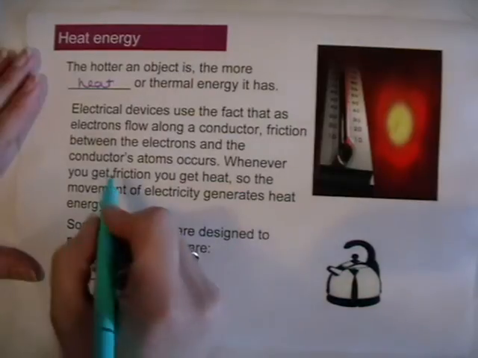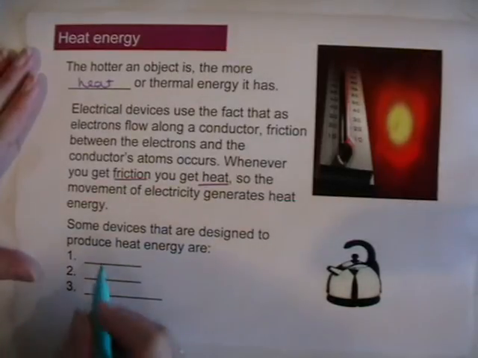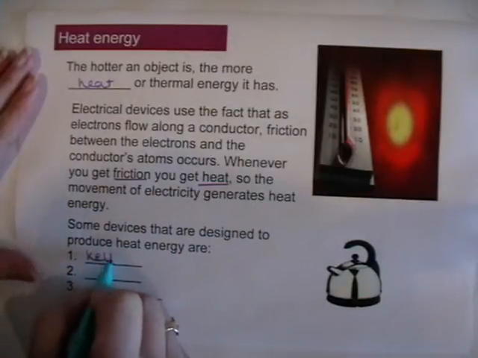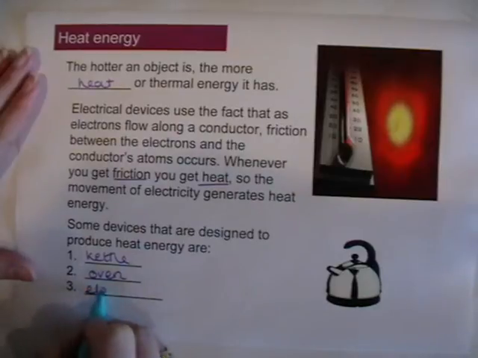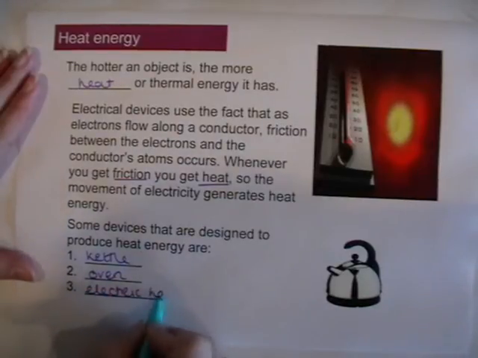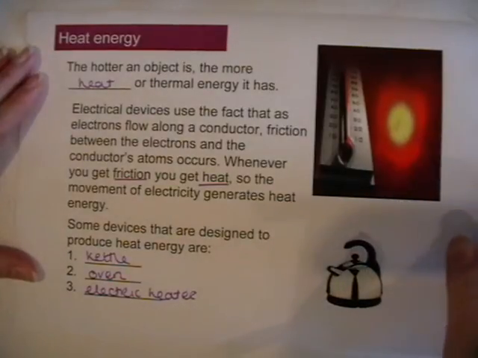Whenever you get friction, you get heat. So the movement of electricity generates heat energy. Some devices that are designed to produce heat energy are a kettle, or an oven, or an electric heater, or similarly a toaster or a grill. Any of those applications convert electrical energy to heat energy.